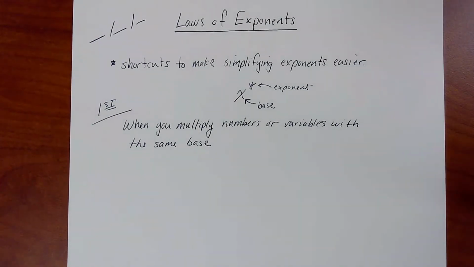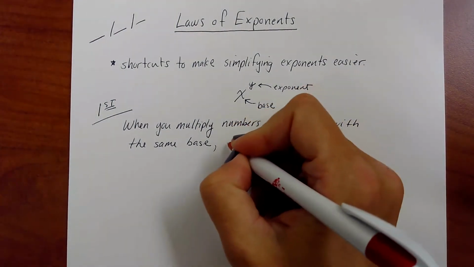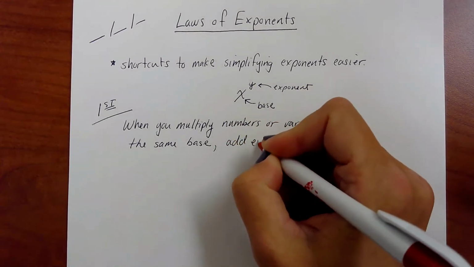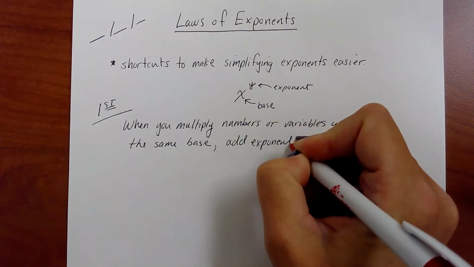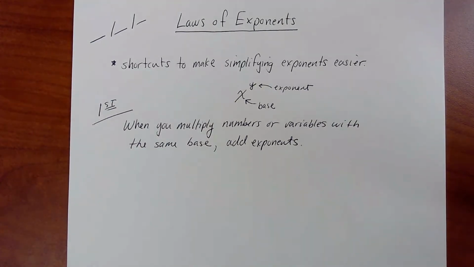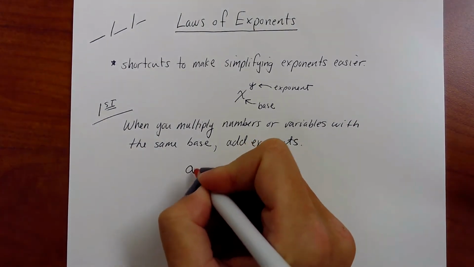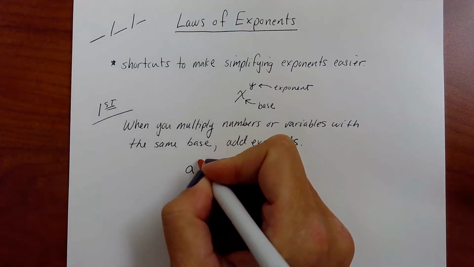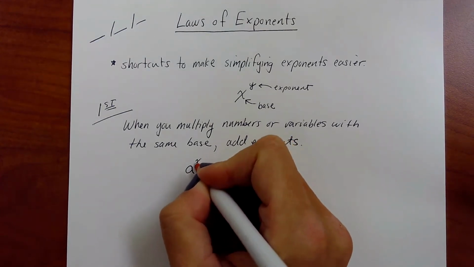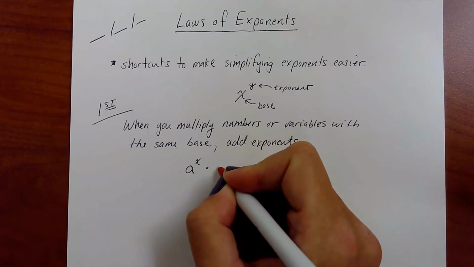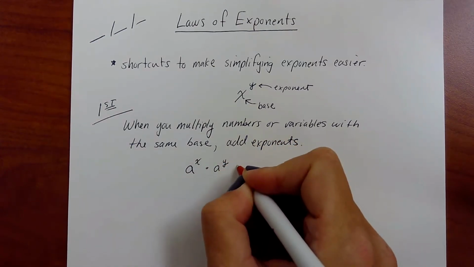So when you multiply numbers or variables with the same exact base, you can add the exponents as a quicker way to solve it. So here's how they write that. They say, let's say you have a to the x power times a to the y power.